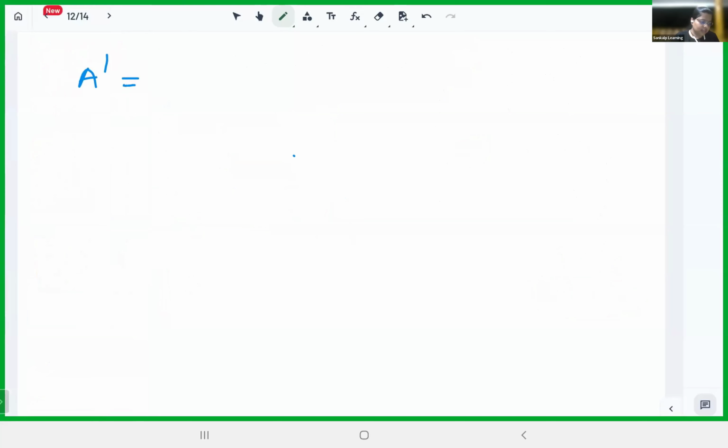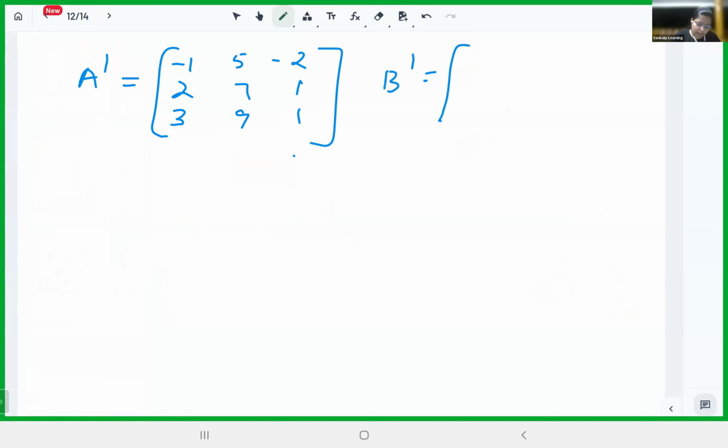A transpose we have already found out as minus 1 5 minus 2, then 2 7 1, then 3 9 1. And B transpose is equal to minus 4 1 1, 1 2 3, minus 5 0 1.